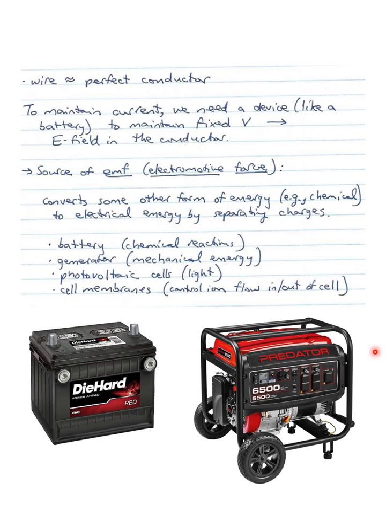There can also be photovoltaic cells, which turn light into electrical energy. And then biologically, there are cell membranes which control the ion flow in and out of cells. For our purposes in this chapter, we'll mostly be thinking about a battery.